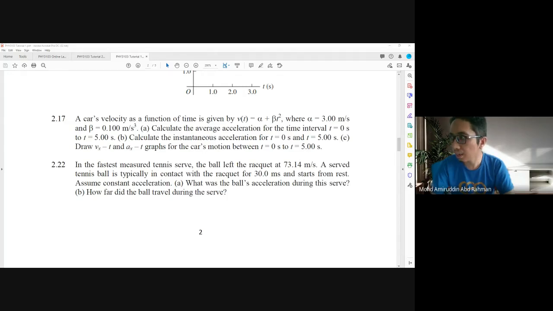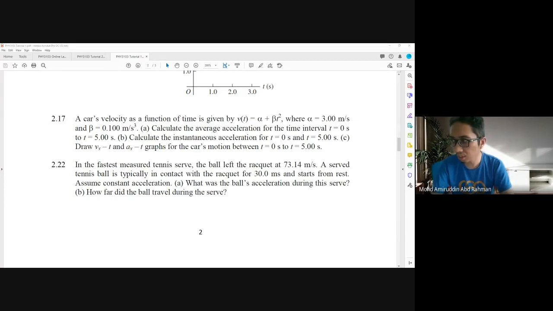And then for B, we will have the instantaneous acceleration. The instantaneous acceleration will be 1 meter per second squared at t equals 5 seconds, and at t equals 0 seconds, it will be 0.